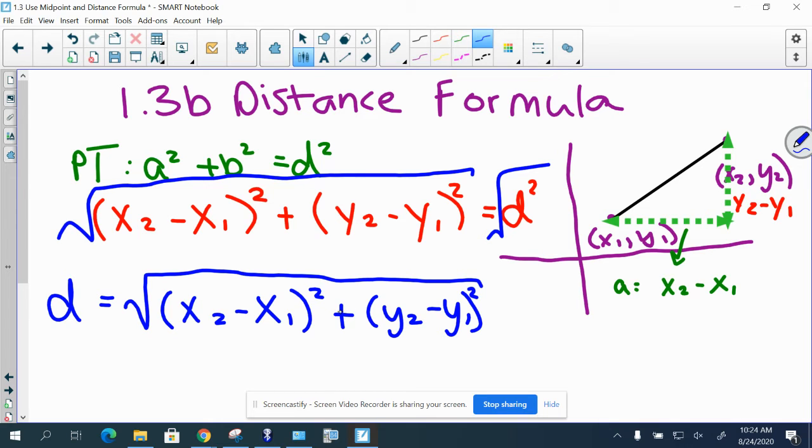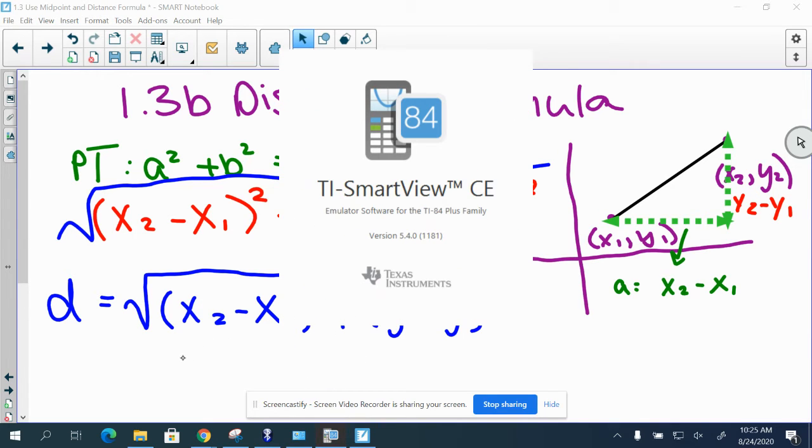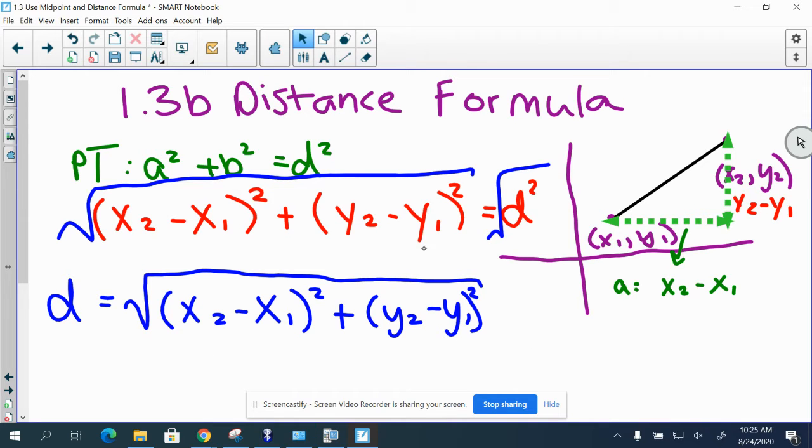One thing you want to make sure to do is do not forget to square and put parentheses around the x2 minus x1, and then square it when you're doing this in your calculator. Okay, I'm going to pull up my calculator real quick, just because it takes a minute to load for when we do an actual example.